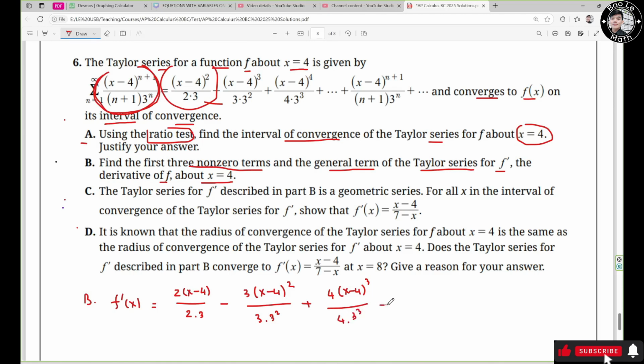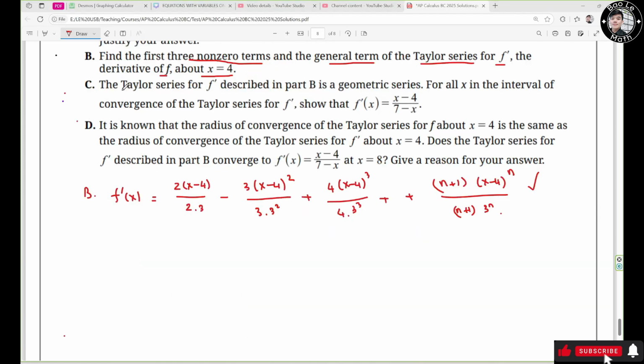And the general term is going to be (n plus 1) times (s minus 4) to the n, because n plus 1 subtract 1 is going to be n, over (n plus 1) times 3 to the n. You just leave the answer like this. You don't need to simplify.